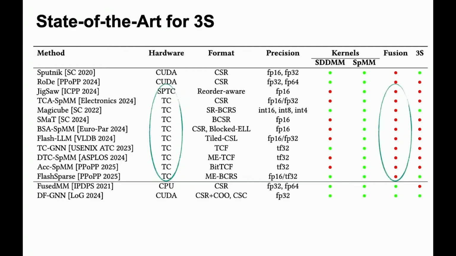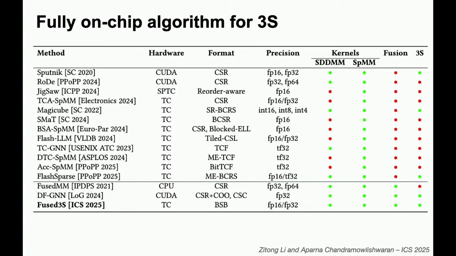They were all trying to optimize individual kernels and make them fast using different techniques like reordering and other optimizations. But they were not optimizing the entire computation. They were optimizing individual kernels. And this is a problem. So that was one of our contributions: to design an algorithm specifically for tensor cores for sparse attention that is also I/O aware and combines these operations. People have tried to do fusion before, but nobody tried to use it for tensor cores. And I can mention, if you don't use tensor cores, why are you using the GPU?